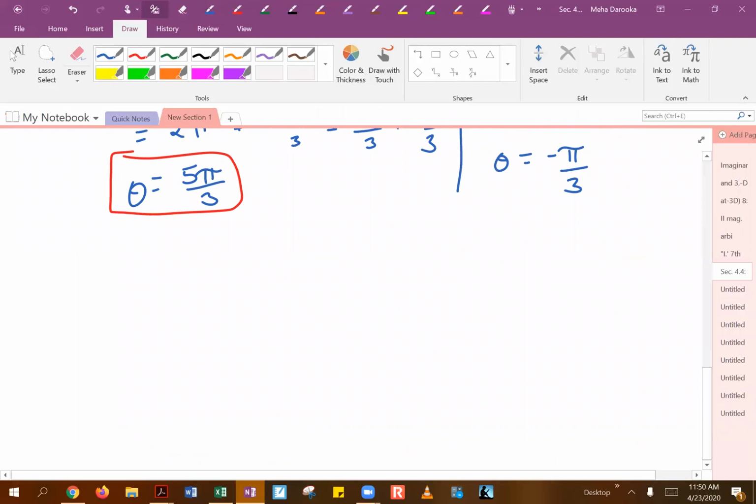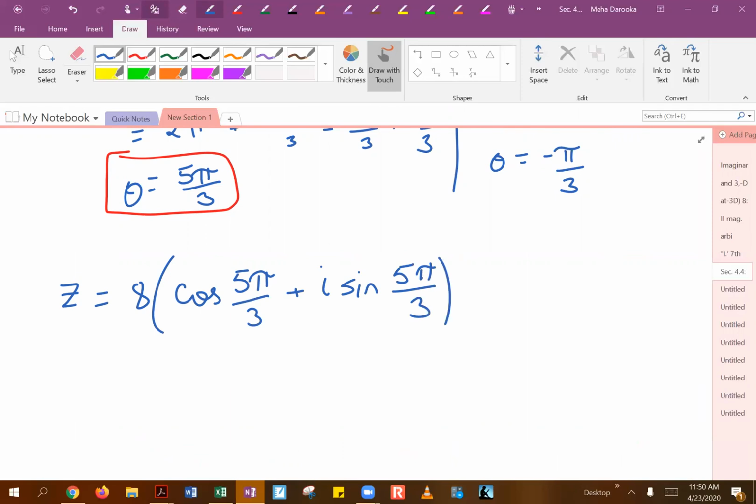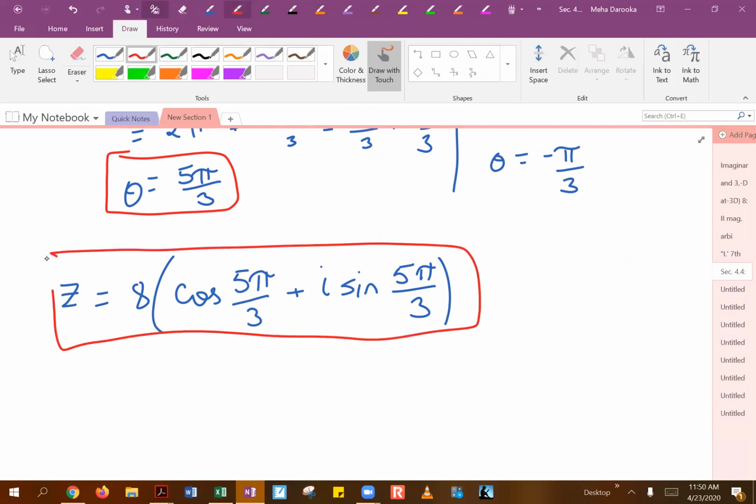So that will now become 8 for the r value, cosine of 5 pi over 3 plus i sine of 5 pi over 3. Those are the two crucial things you have to find to convert from any standard form of the complex number into the trigonometric form.